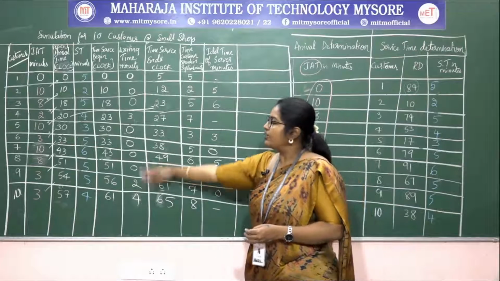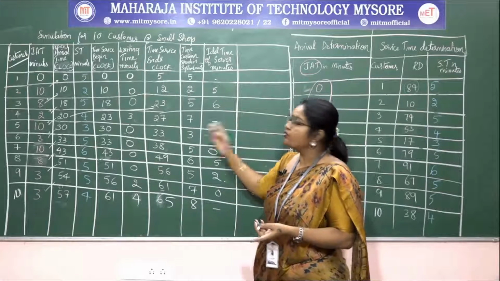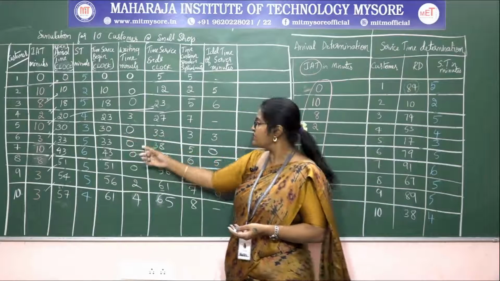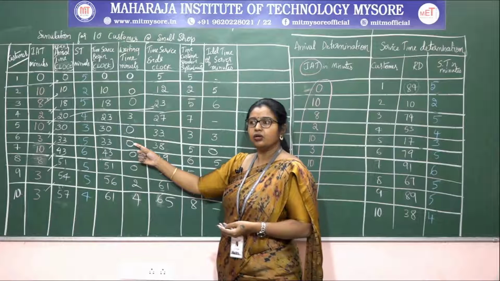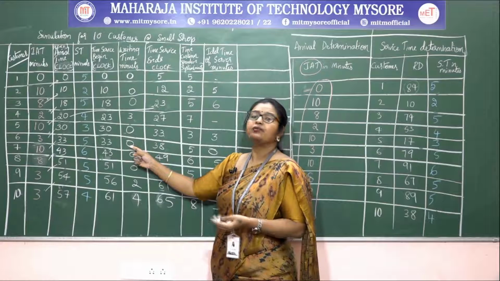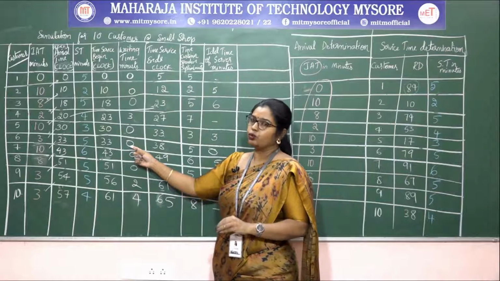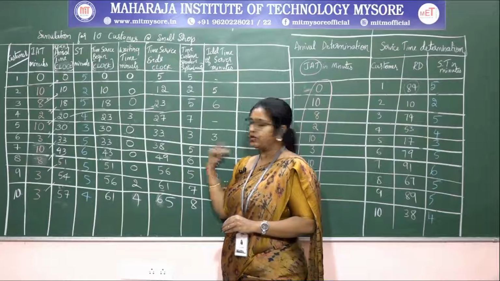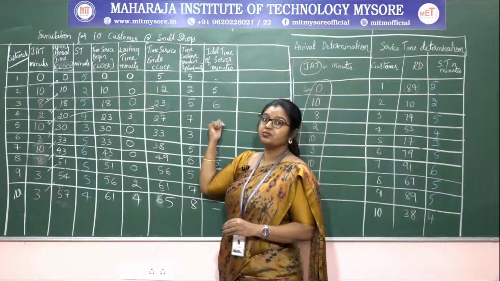Once you calculate the waiting time, if you have a waiting time, definitely the server will be busy. If it doesn't have a waiting time, sometimes the server is not busy and not idle, and no customer is waiting in the queue, so both are 0 in this scenario. In another scenario, the customer is waiting but the server is busy.